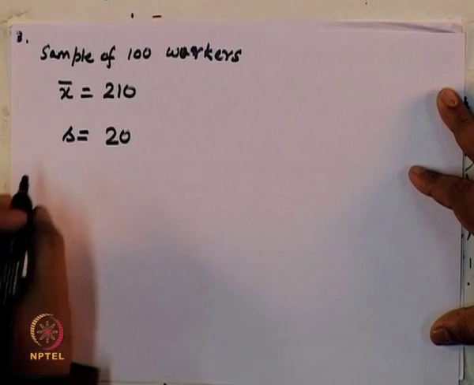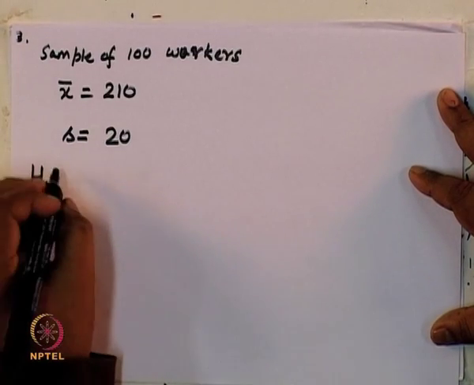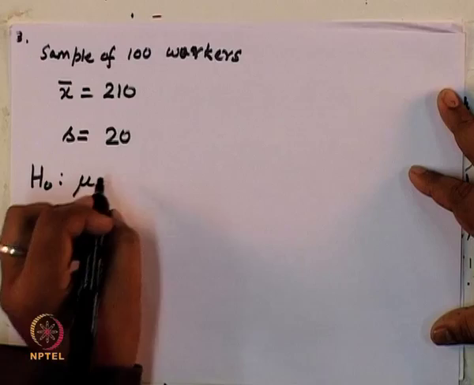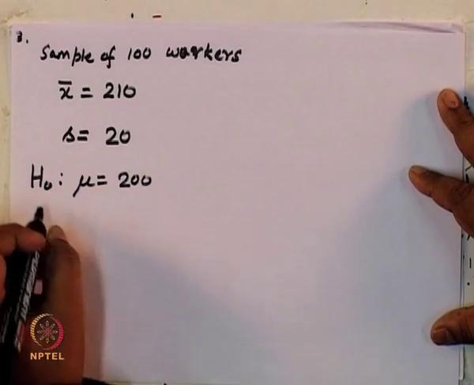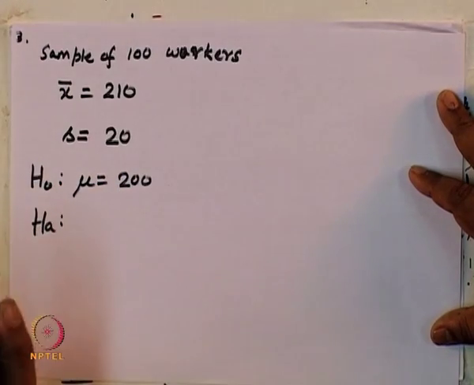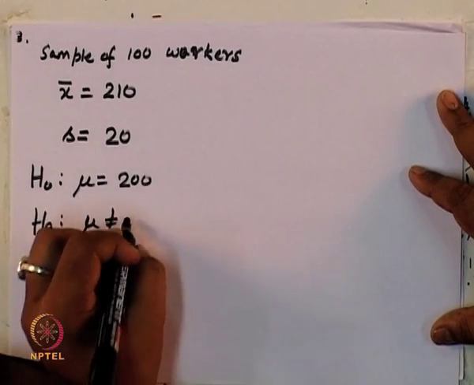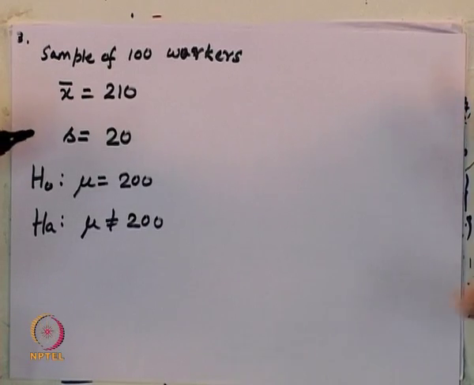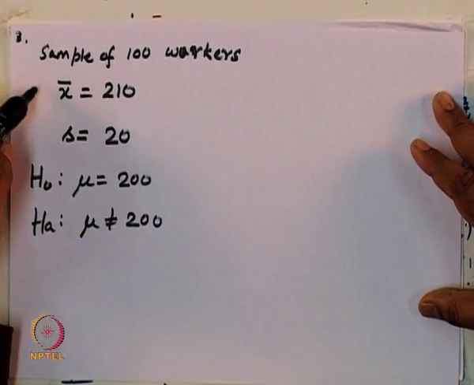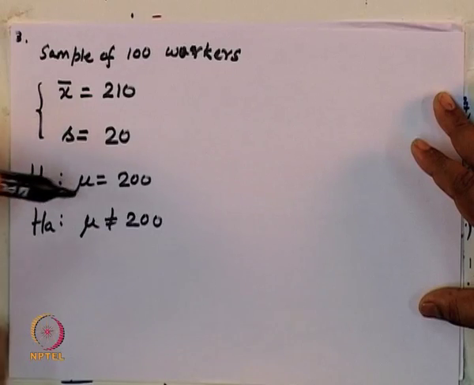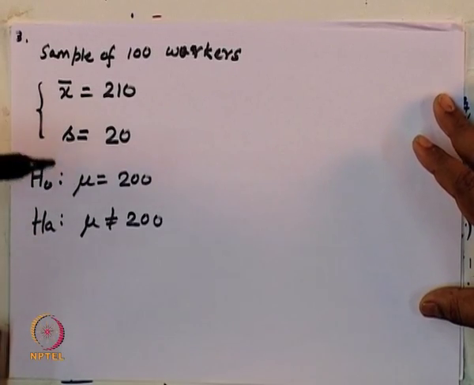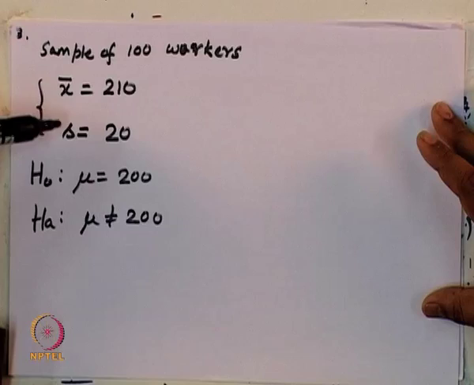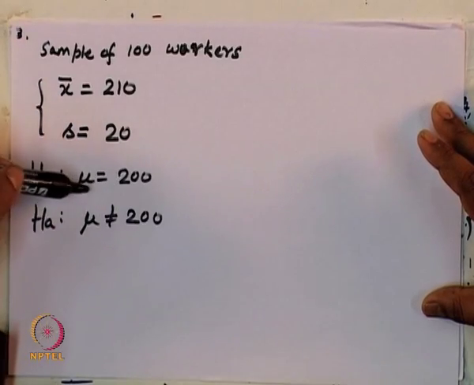As before, let me rewrite: H naught is mu equal to 200, H A is mu not equal to 200. How do I draw a conclusion whether this statistic, and the mean obtained from it, is drastically different from this?